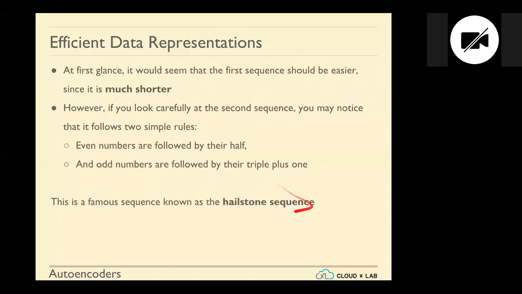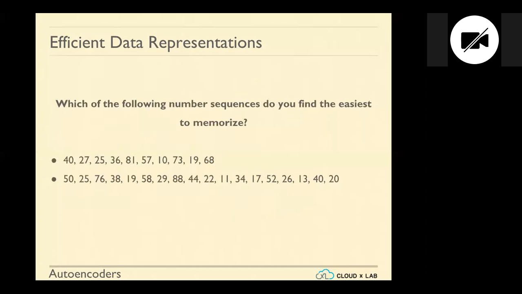All right. So at first glance, it may seem that the first sequence will be easier since it's much shorter. However, if you take a look at it closely, you'll find that the second one is essentially easier because in the second one there is a pattern. And what is that pattern? If the number is even, divide it by 2.